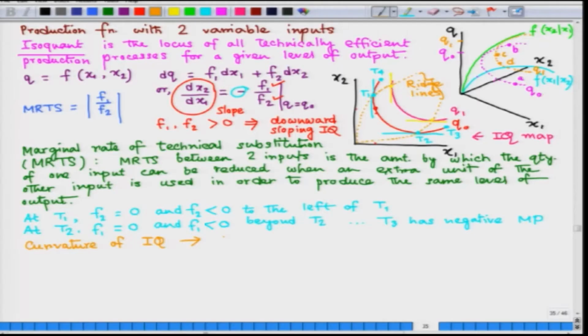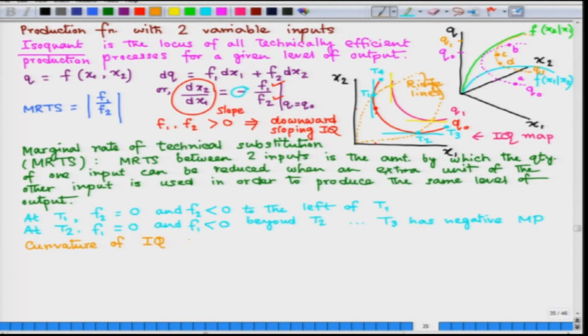So, we have looked at the slope of the isoquant, and now we assume that we have a downward sloping isoquant, but what about the curvature? Is it convex to origin or is it concave to origin? For that also we have to assume certain things, and we have a law which will give us a convex to origin isoquant, and this is what we are going to study next.